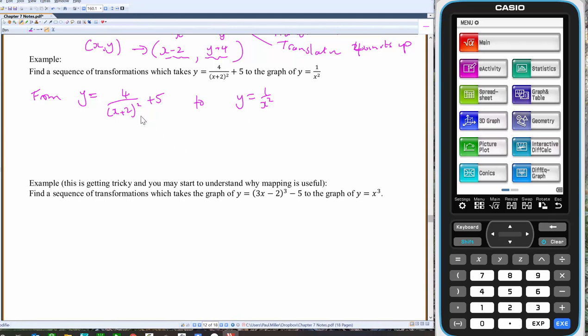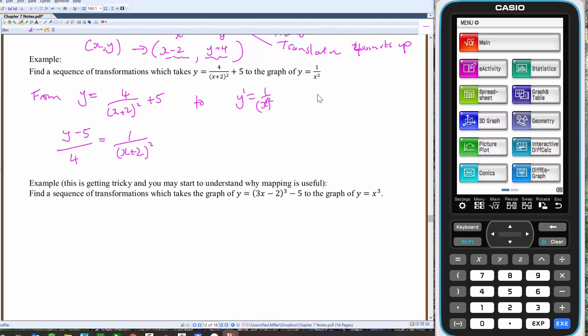So I'm going to get this ready for pairing, and I'm also going to note that this is my image, so I'll put my dashes in. So I'm going to do (y take 5) over 4 equals 1 over (x plus 2) all squared. Now, what have I done here? I've subtracted 5 and I've divided by 4 to get it ready for pairing, so that it looks in the same form.